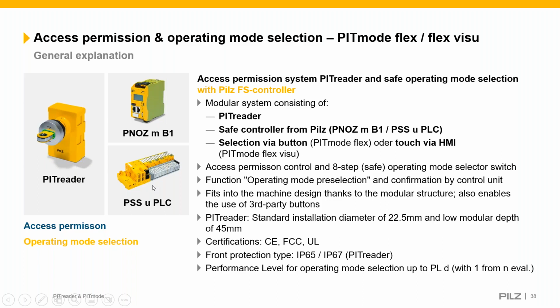The selection of the safe operating mode is done via push buttons for the PIP mode flex or via a touchscreen HMI for the flex visu. And you can actually control up to 8 safe operating modes with this function, not 5.